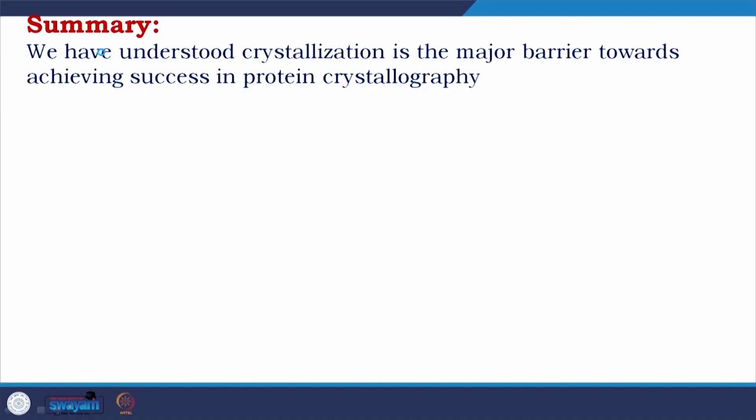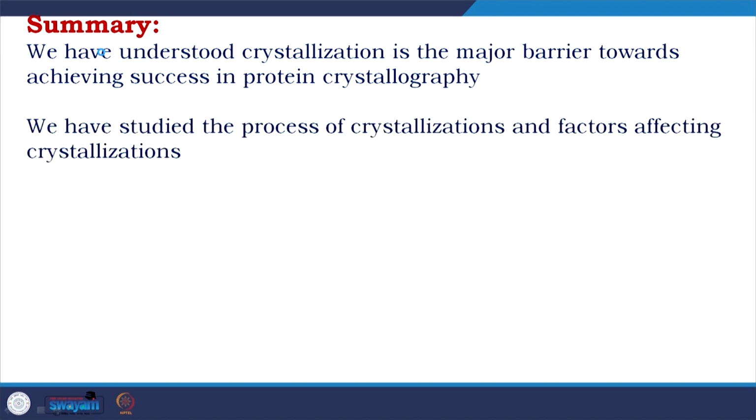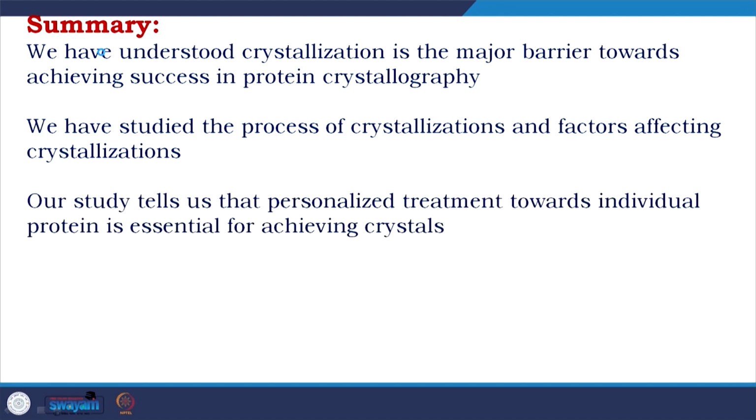So, here I will make a summary of today's class. We have understood crystallization is the major barrier towards achieving success in protein crystallography. We have studied the process of crystallization, different techniques, and factors affecting crystallization. Our study tells us that personalized treatment towards individual protein is essential for achieving crystals.